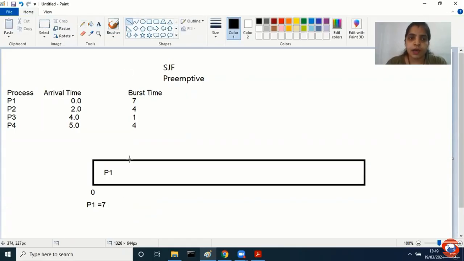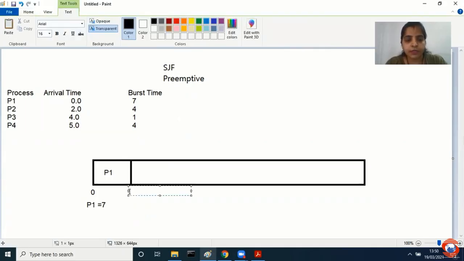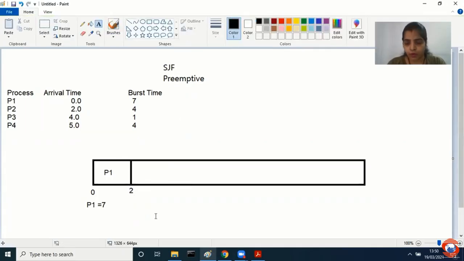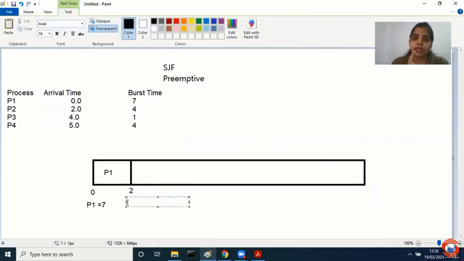All right. Now if I say it's preemptive, am I given the next arrival time? What is the next arrival time? 2. So here next arrival time is 2, तो मैं यहाँ पे 2 लिखती हूँ. Now, can you please tell me arrival time 2 तक कौन से प्रोसेसेस आ चुके हैं? एक प्रोसेस P1 और एक प्रोसेस P2.